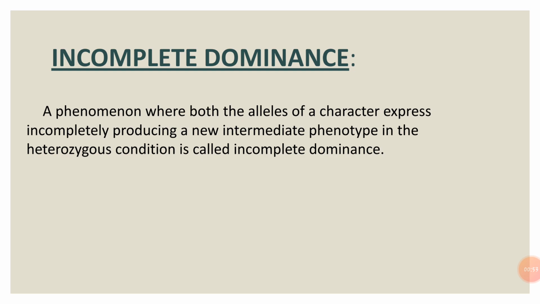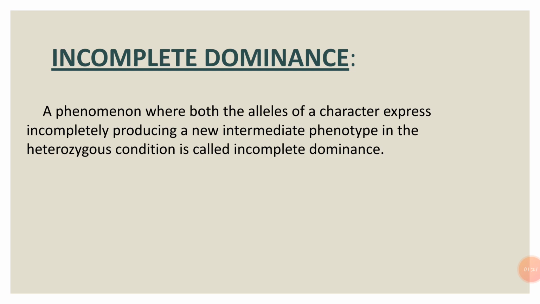When these alleles are in a heterozygous condition, heterozygous meaning both the alleles are different, the one allele which expresses itself is called the dominant one, and the other allele which fails to express itself is said to be the recessive one. So out of two alleles, only one allele expresses its character. That is called complete dominance.